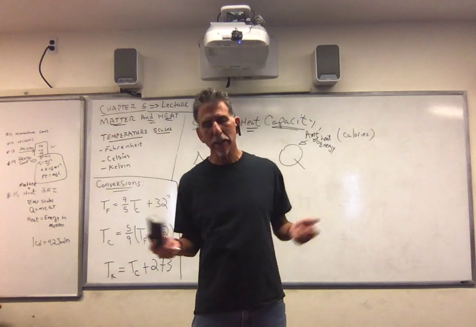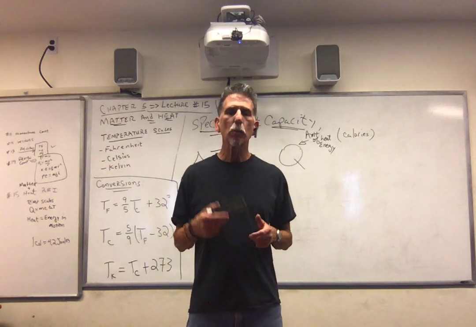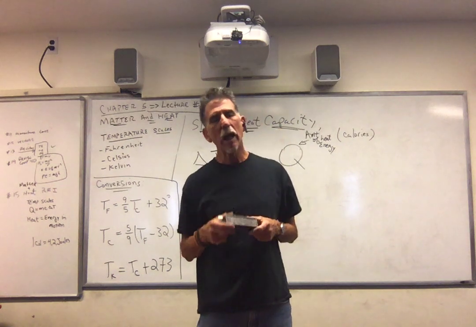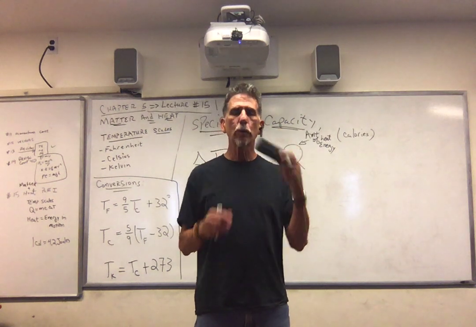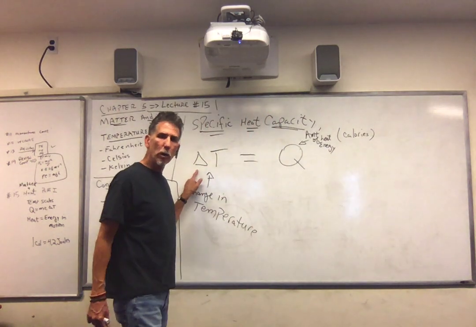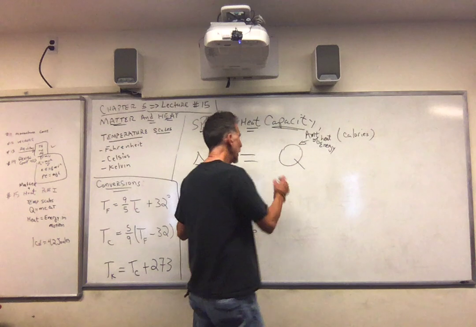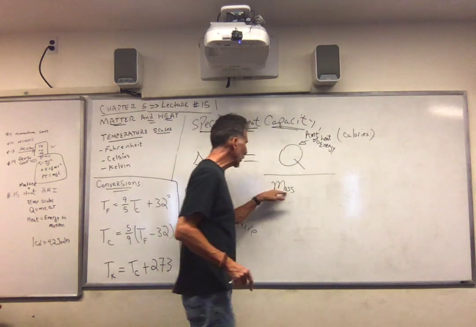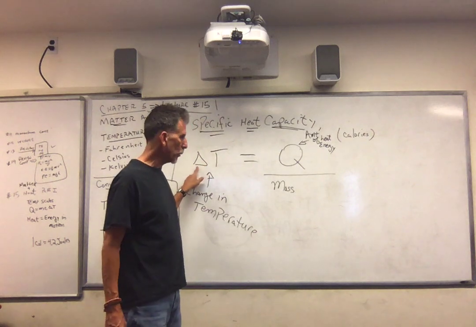The answer is yes, it'll go up. My question is, will the temperature go up as much as it did for a small piece of copper? And the obvious answer is no. The more mass you have, the smaller the change in temperature. How do we say that mathematically? We put mass in the denominator. The greater the mass, the smaller this number.